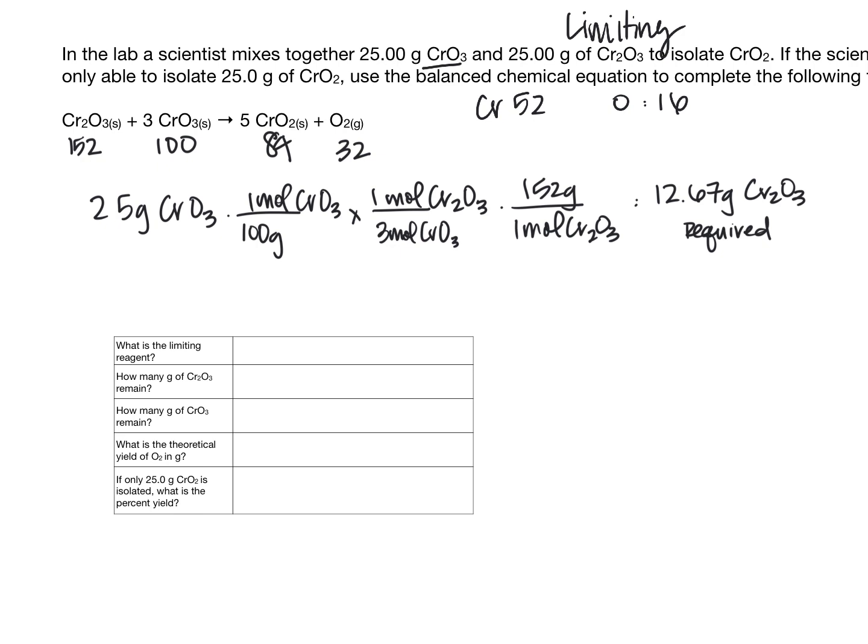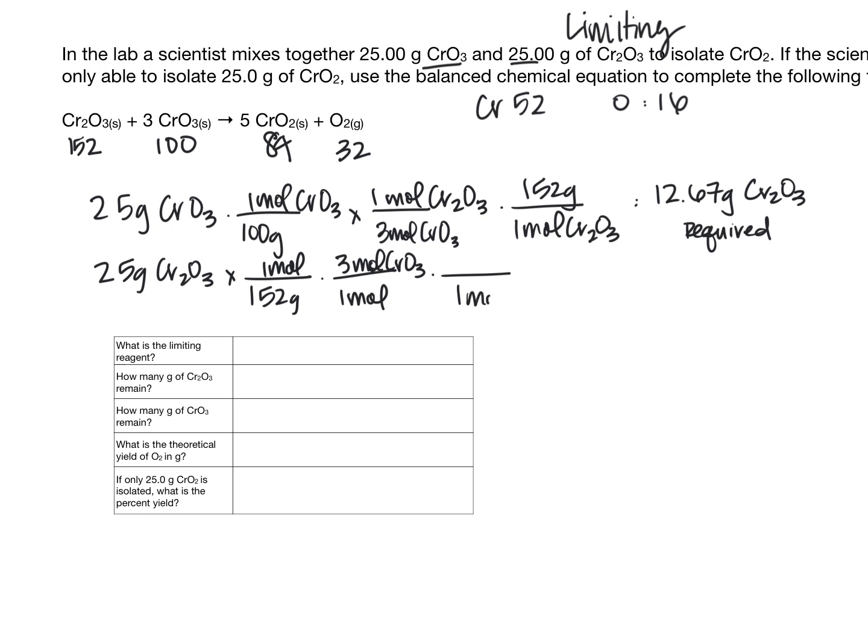So this calculation can identify our limiting reactant because we need 12.67 grams of chromium oxide, Cr2O3, but we have 25 grams. Let's double check the other direction just to make sure. We take our 25 grams of Cr2O3, convert that to moles with 152 grams in 1 mole, and it is 1 mole times 3 moles of CrO3.